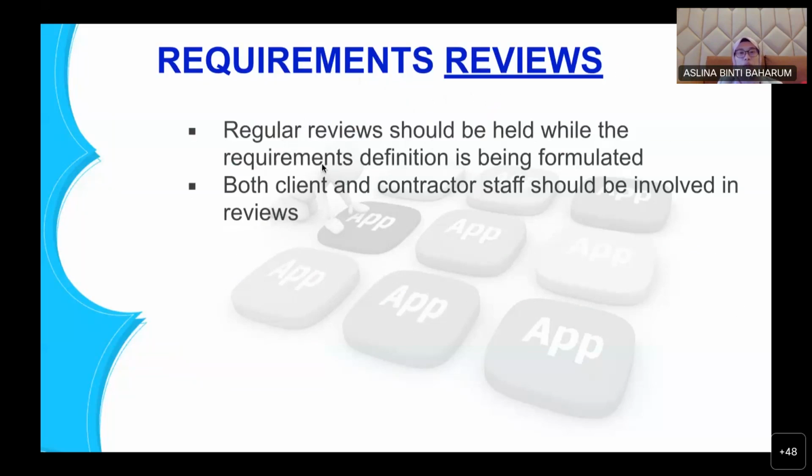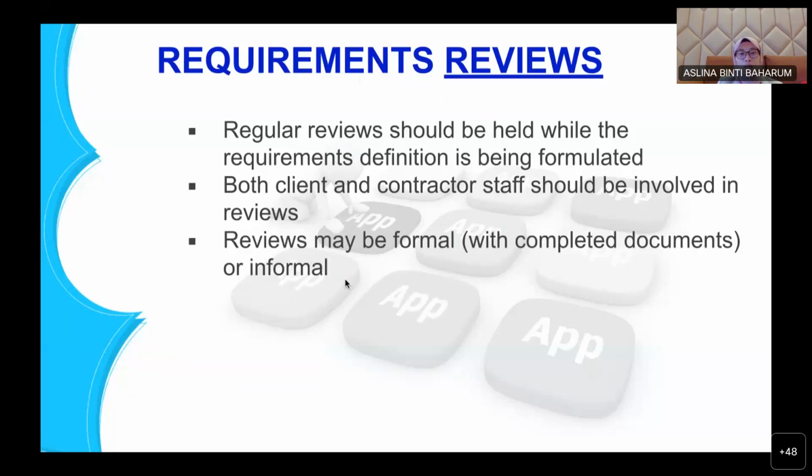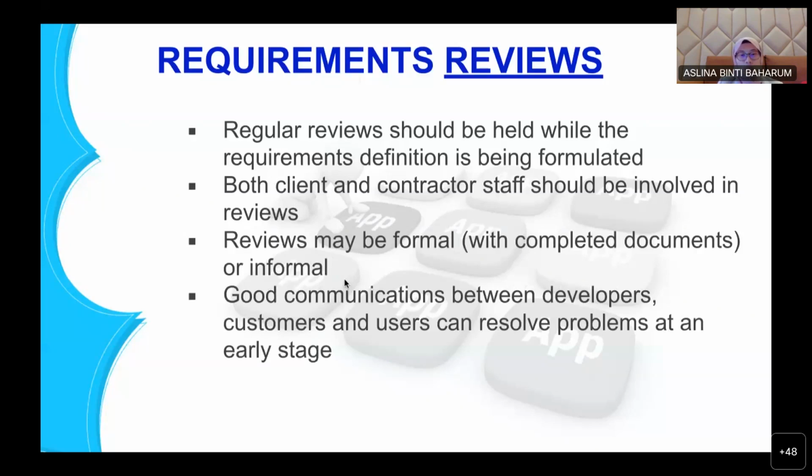Regular reviews should be held while the requirement definition is being formulated. Both client and consultant staff should be involved in the review. Reviews may be formal or informal. Good communication between developer, customer, and users can resolve problems. Normally review is not only from the planning phase, it can be while you implement the requirement.